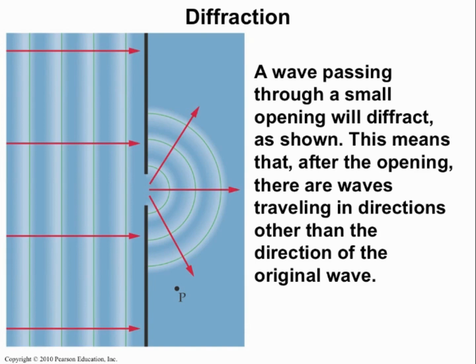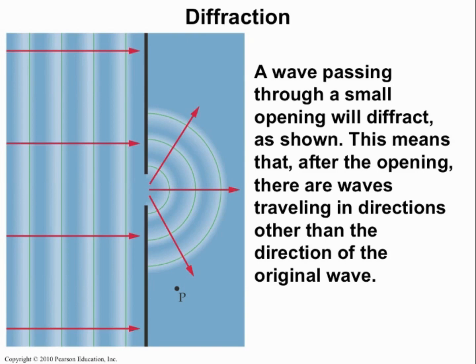Now, all of this is basically showing the important result of Young's experiment. Young wanted to show that light passing through a slit will behave like a water wave passing through a slit. And that is that the wave will pass through, but it will spread out. And this is exactly what diffraction means.